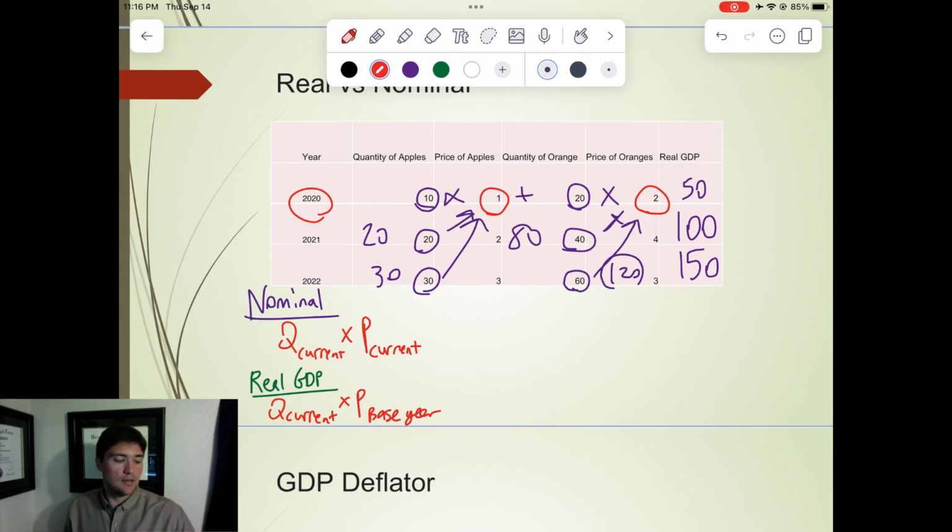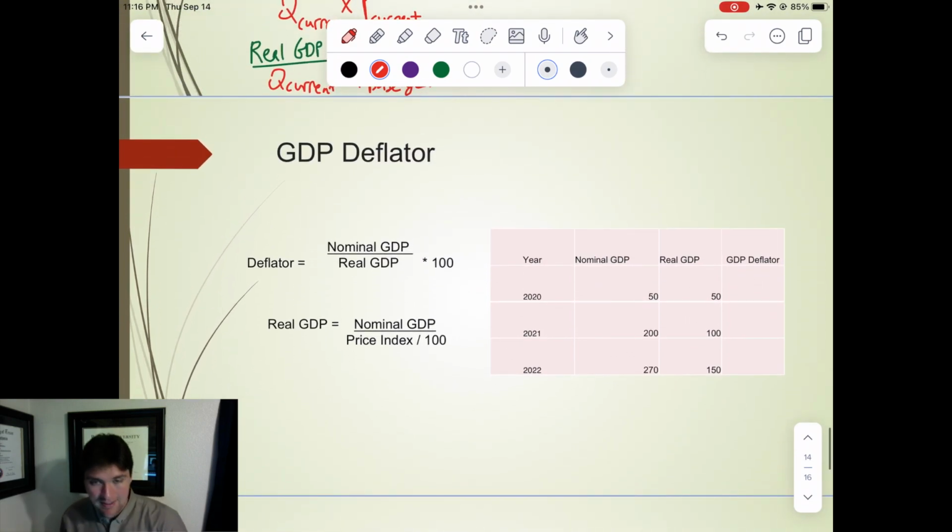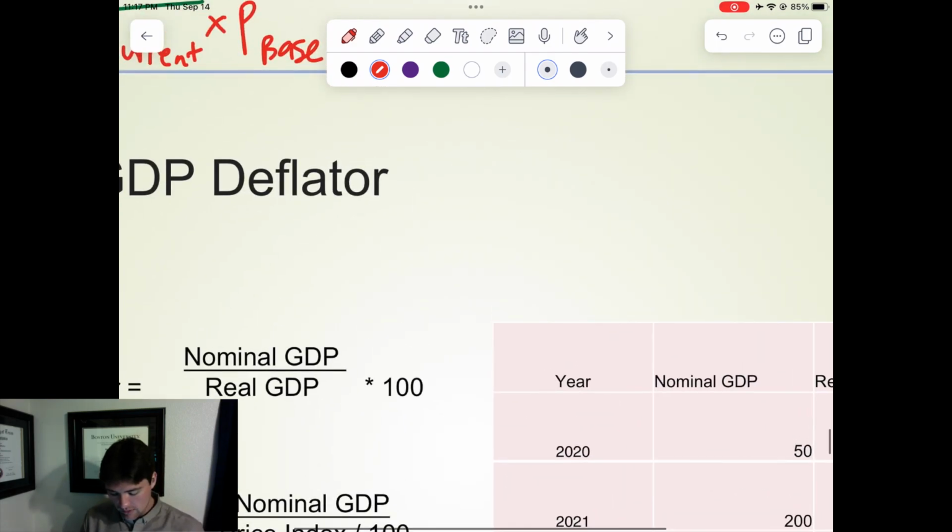Now, we will learn about the GDP deflator. The whole point of the GDP deflator is that you're able to look at how much of the increase in the nominal GDP is because of prices, because the GDP deflator is the price level.